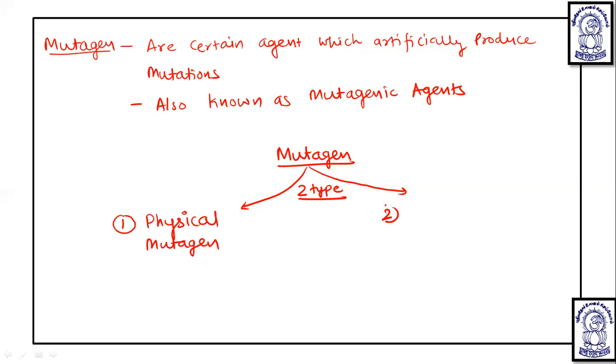Number two, chemical mutagen. Let's discuss these two types of mutagen in detail. In physical mutagens, radiations are involved, and in chemical mutagens, several chemical compounds are involved, which are responsible for causing this mutation. So now we are going to discuss first the physical mutagen.